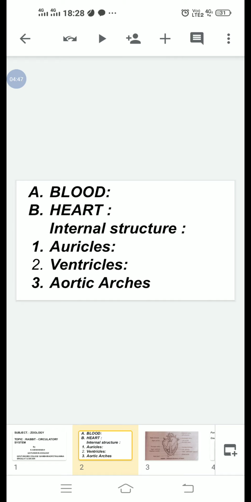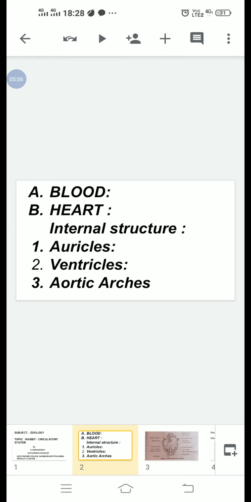It is enclosed by a double layer membrane called pericardium.